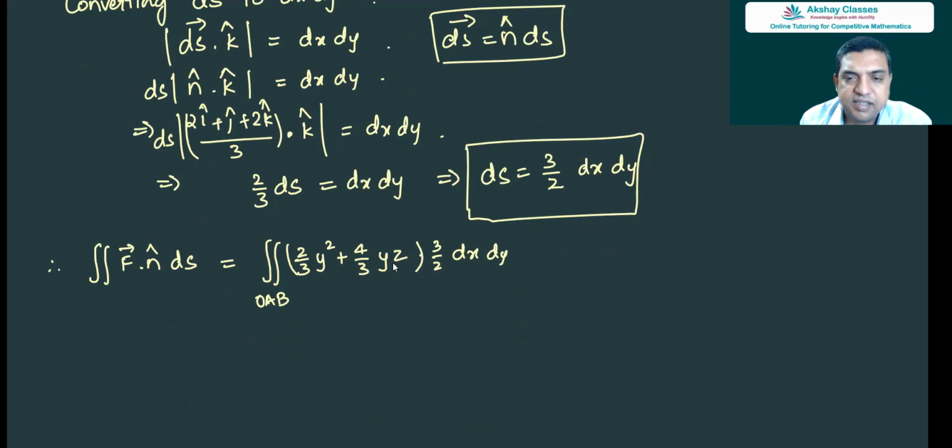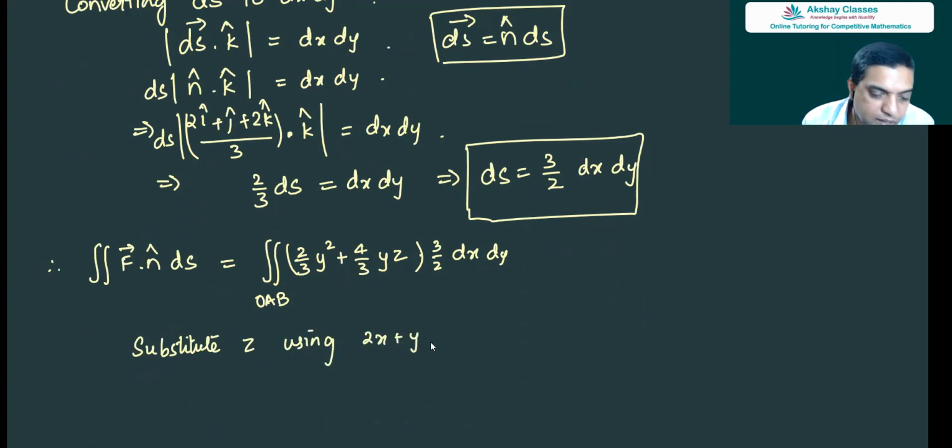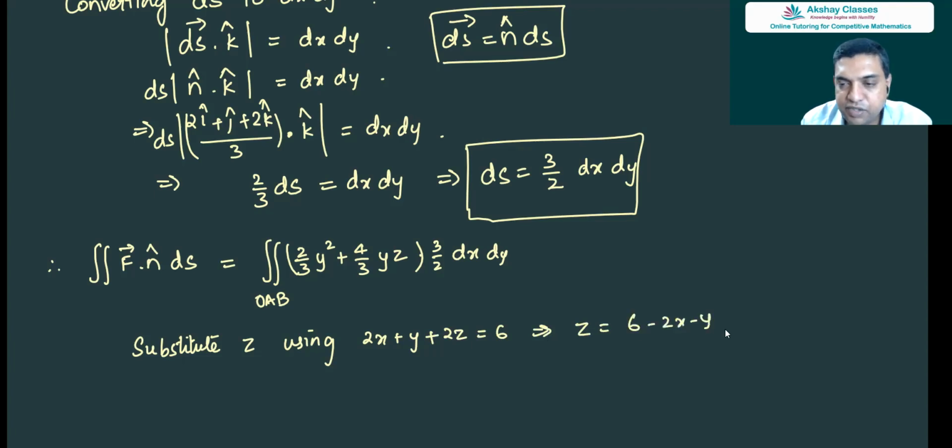Now in this, everything is in terms of x and y. Only the problem is with z. Now substitute z using 2x plus y plus 2z equal to 6, which implies z is 6 minus 2x minus y upon 2.